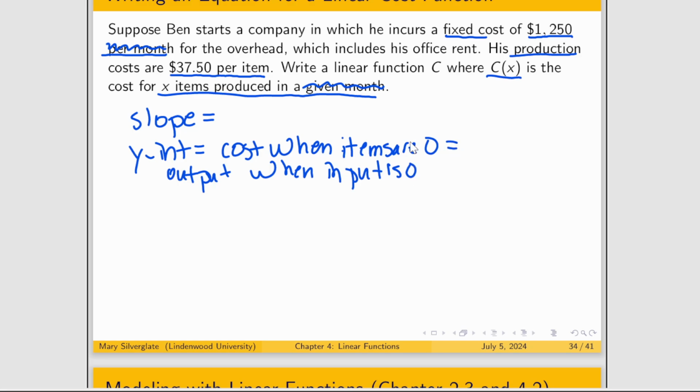And did they give that to us directly? They actually did, because the fixed cost for overhead is how much I have to spend when I haven't produced anything. So that's $1,250. If we're looking for a slope, that's looking at how much the output changes per one change in input.